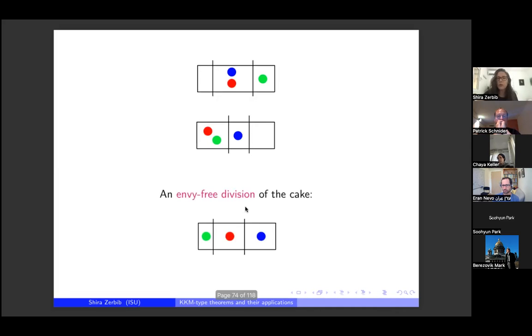And what I'm looking for is an envy-free division of the cake, namely a partition of the cake into n pieces where each one of the players prefers a distinct piece. And the question is whether, or under which conditions, such a division exists.